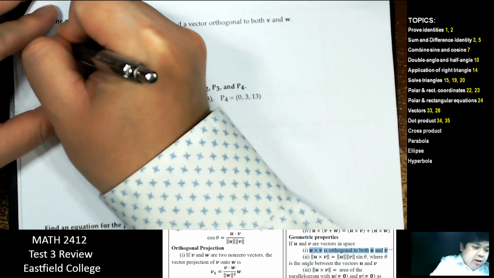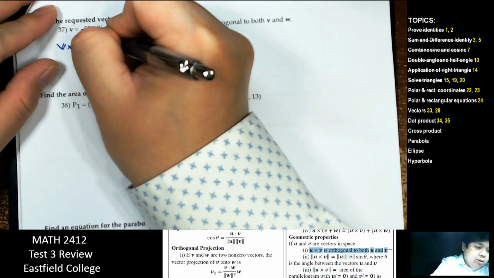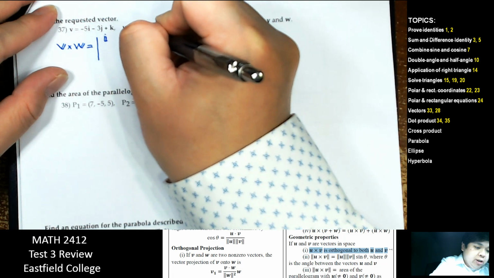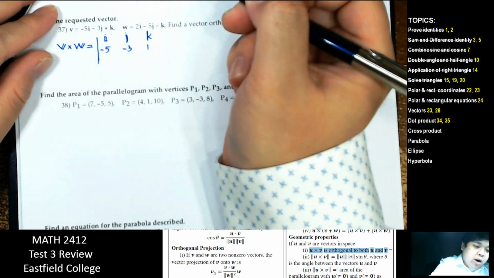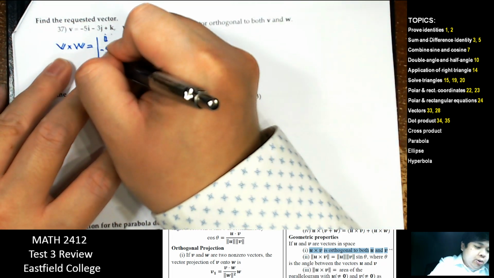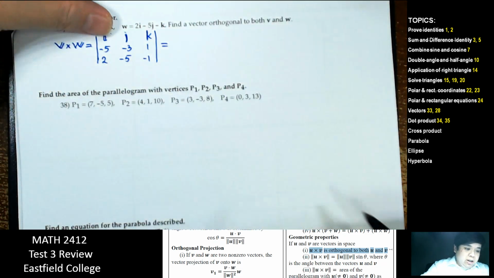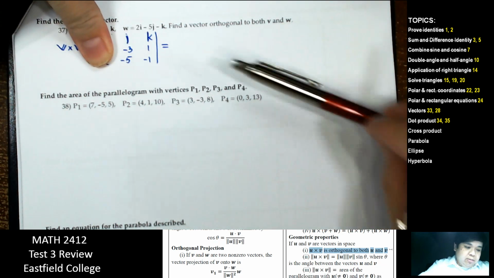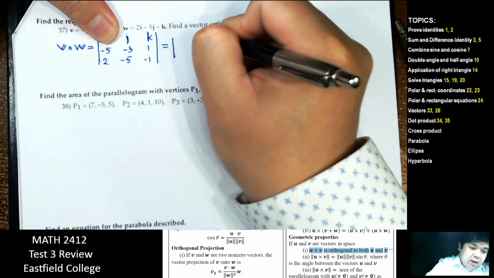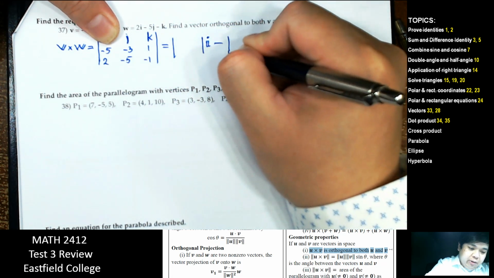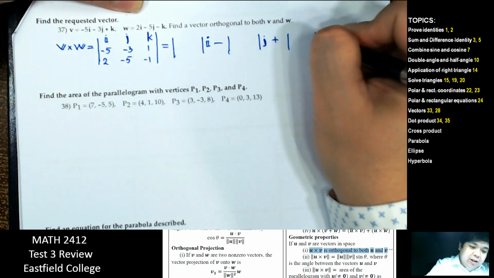So v cross w. i, j, k, negative 5, negative 3, 1, 2, negative 5, and negative 1. So first, cover the row and column for vector i, for negative vector j, and then for vector k.